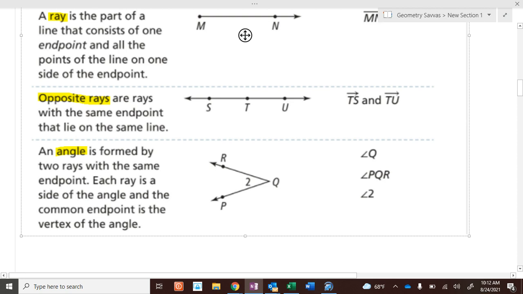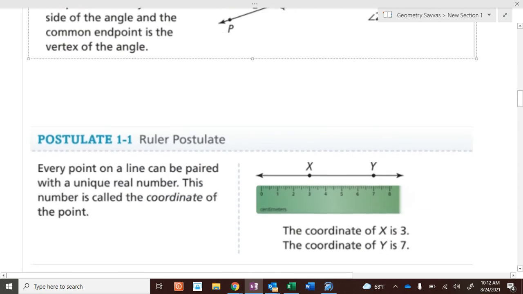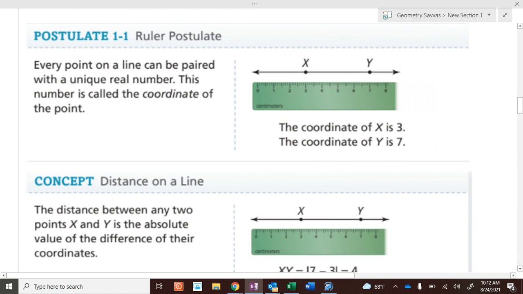All right. So, now, the ruler postulate, and we'll talk about the definition of postulate in a little bit, so you don't have to write down postulate yet. But the ruler postulate does this. It allows us to say that somewhere we can assign a ruler to a line where we can match up coordinates to a ruler. So x belongs to 3, y belongs to 7.